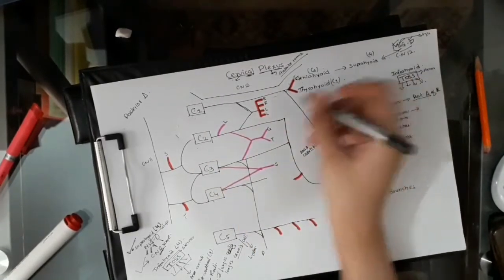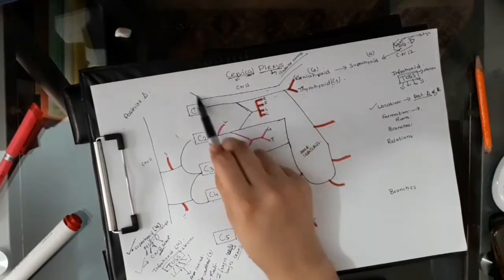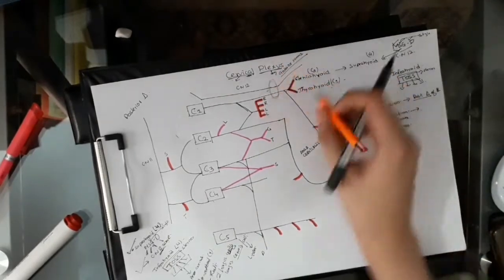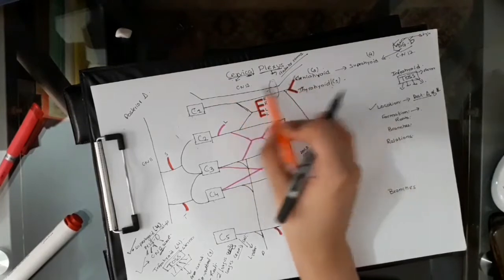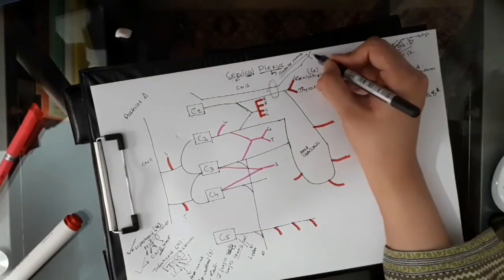Another thing you need to know is that cranial nerve 12 goes along with this C1 branch, they both go together. So the C1 which supplies geniohyoid and thyrohyoid from the cervical plexus is going along with cranial nerve 12. Cranial nerve 12 will further go and supply the tongue muscles.